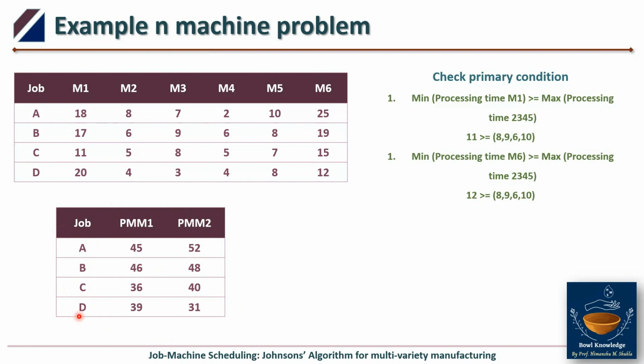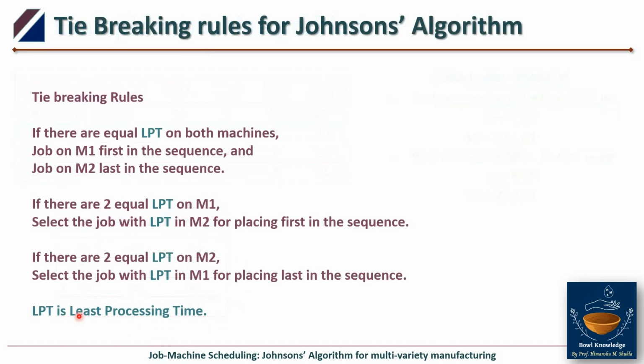What to do after the 2 machine problem? Normally by Johnson's algorithm you can solve it. Now one more question arises after understanding the complete Johnson's algorithm: what to do when we get a tie. Okay, Johnson's algorithm says that if the minimum time is in machine 1, allot the job to the left side of the pallet.